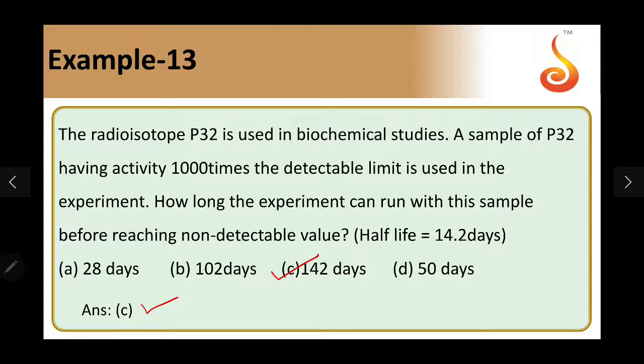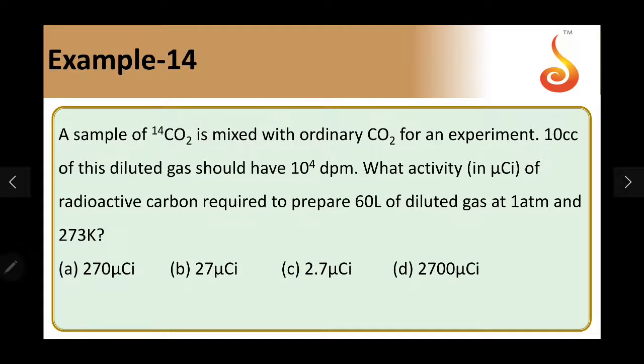Example 14. A sample of carbon dioxide, that is with C14, is mixed with ordinary carbon dioxide for an experiment. So this diluted solution, along with normal CO2 and C14 CO2, the 10 cc of the dilute gas should have an activity of 10 power 4 dpm.